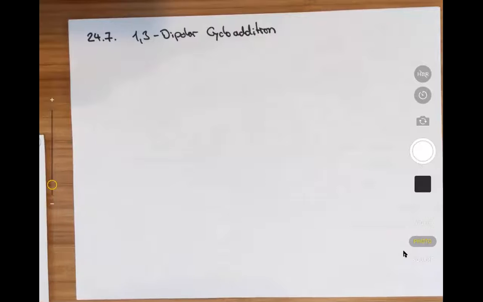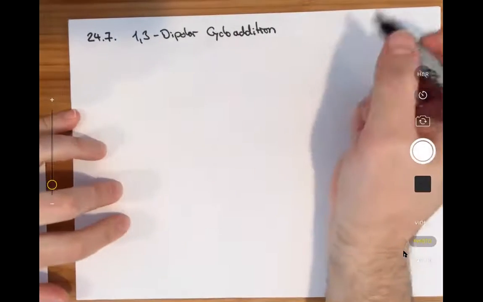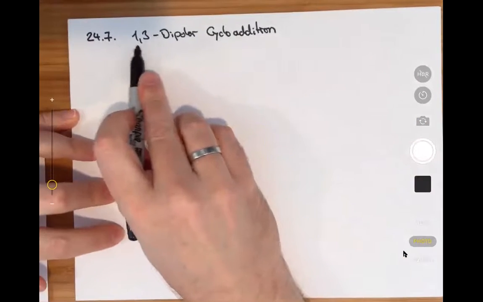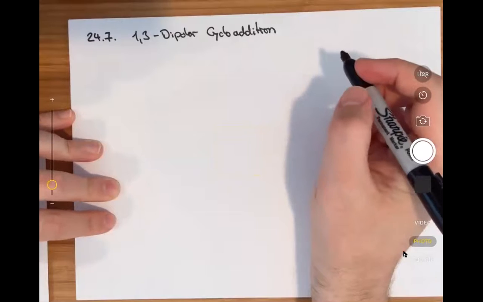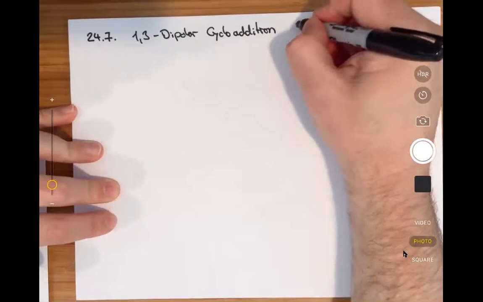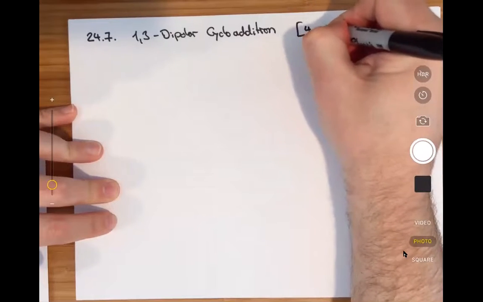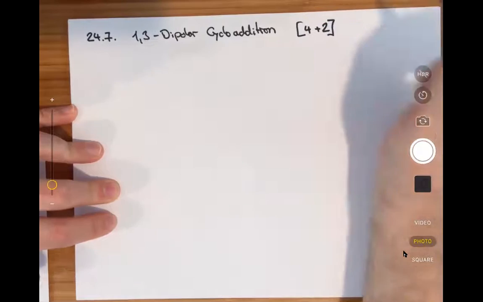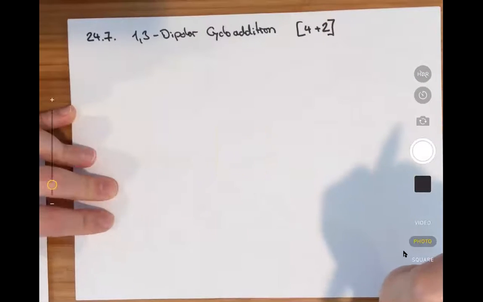Now, as the name already says, it deals with 1,3 dipoles as part of the reaction, but it still falls under the category of these 4+2 cycloadditions. So it has some resemblance with the Diels-Alder reaction.